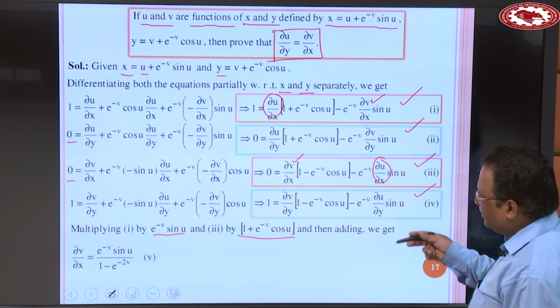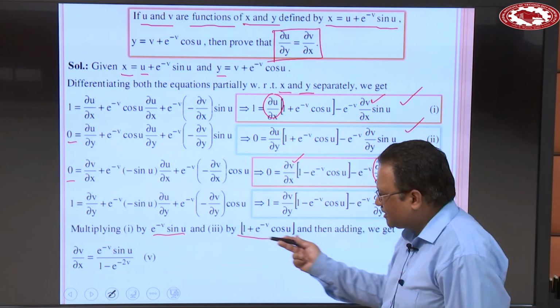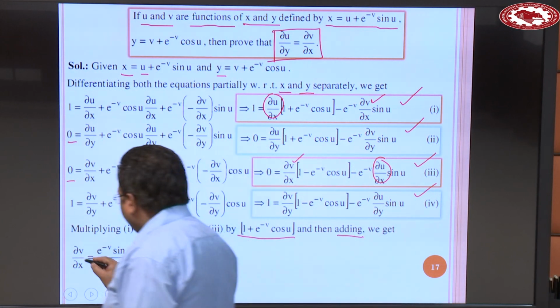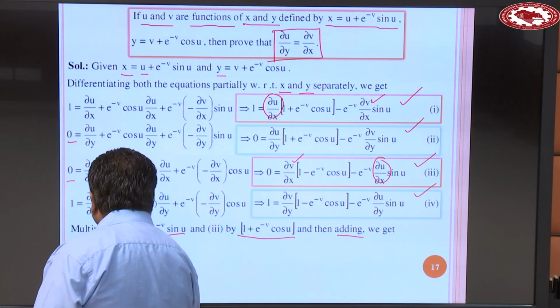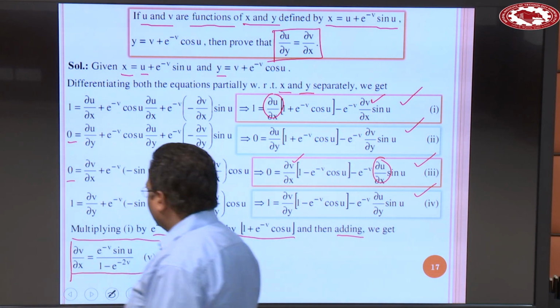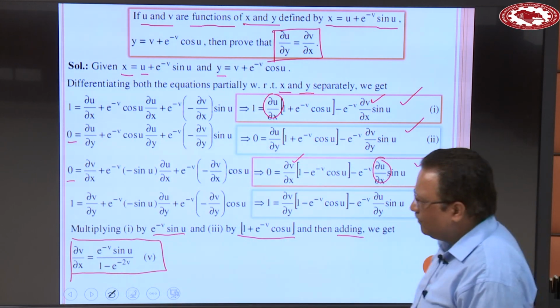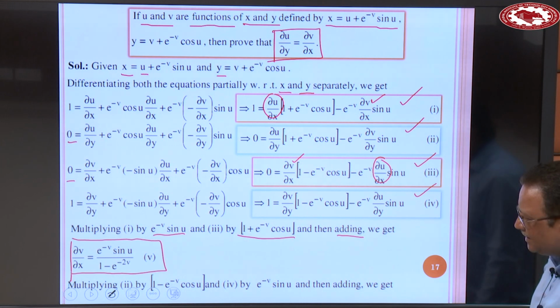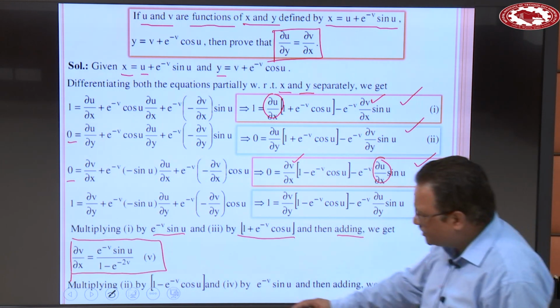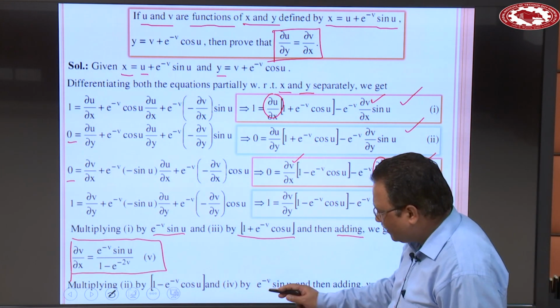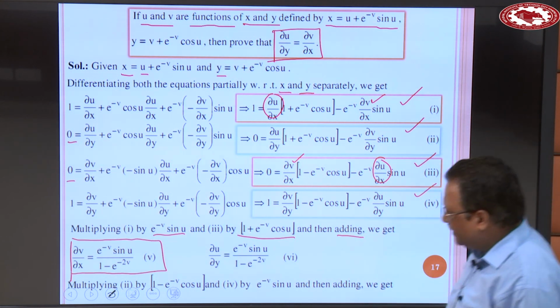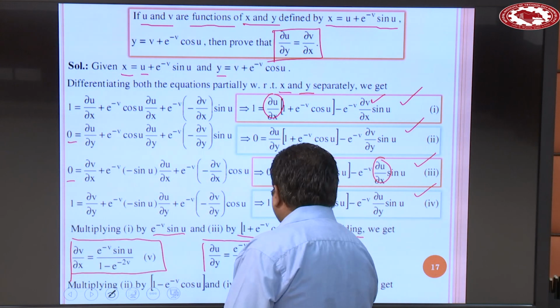So, when you multiply these two expressions and then add, we obtain curly v over curly x is equal to e raised to power minus v sin u over 1 minus e raised to power minus v. Similarly, multiplying second by 1 minus e raised to power minus v cos u and fourth by e raised to power minus v sin u, and then adding, after adding we obtain this second result.